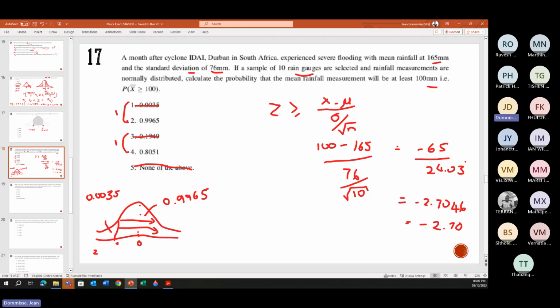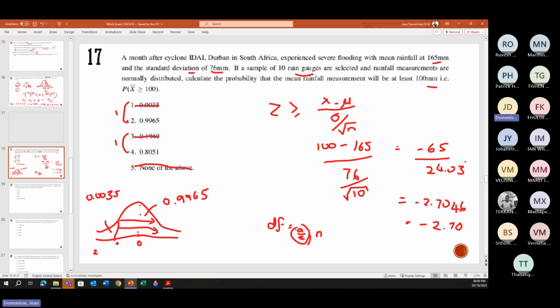Yeah, not 100% sure how we would. And remember, I now talked about T. When we look at degrees of freedom, we need to have an alpha divided by 2, and we need to have n. The only place where we get the alpha is when we work with confidence intervals.